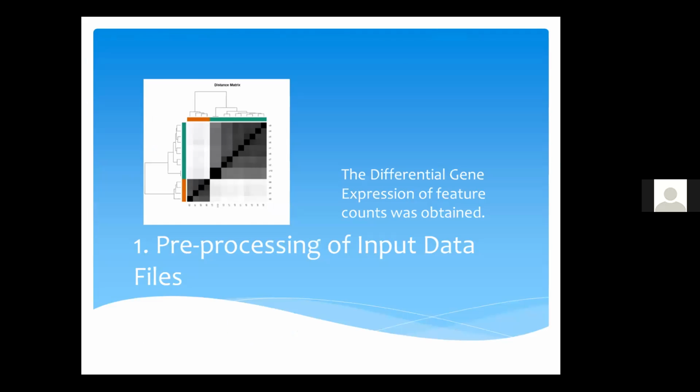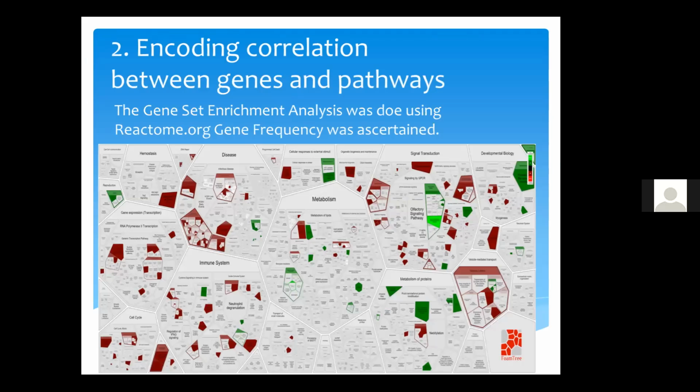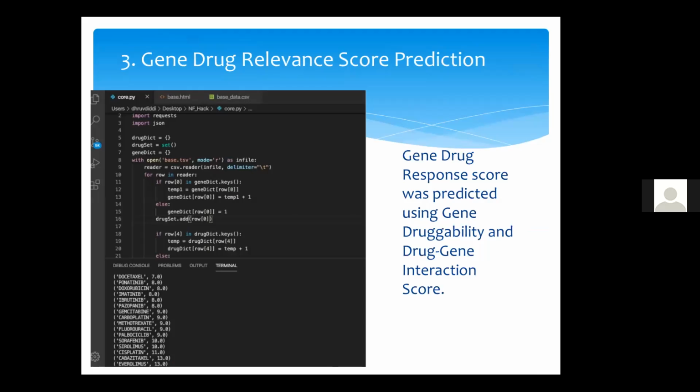The first step was to process the data, where we did differential gene expression. Then second was to find a correlation between genes and pathways, for which we did gene set enrichment using reactome.org, and then we calculated something unique to our solution, which is gene frequency.